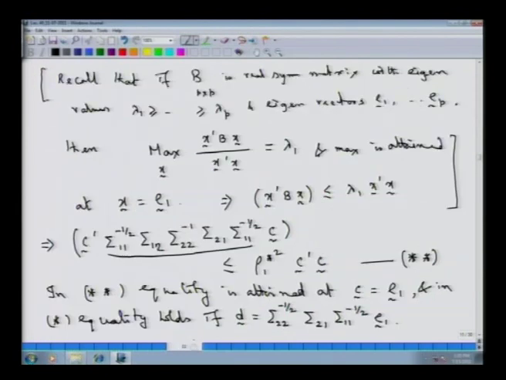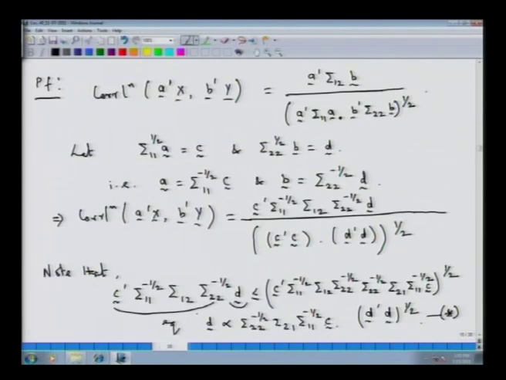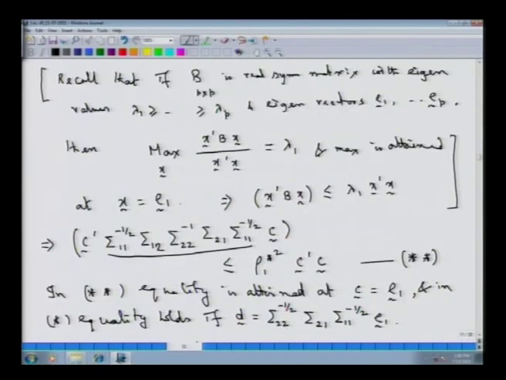Now, in double star we require c to be equal to E1 in order to attain the maximum value, and here in order to attain its maximum value we would require this, and since in double star equality holds for c equal to E1, here also c needs to be replaced by E1. So, we will have these two to hold if we want to have equality in all the previous steps.